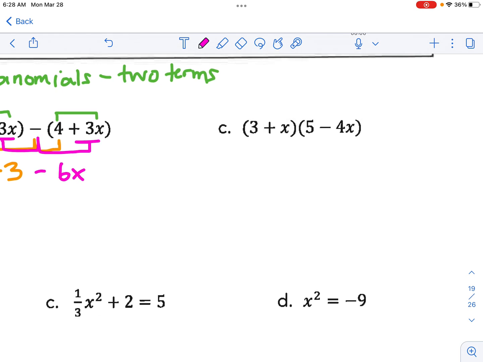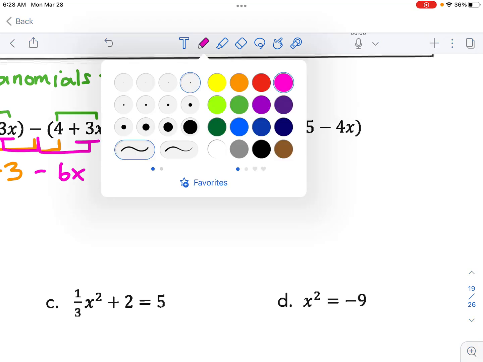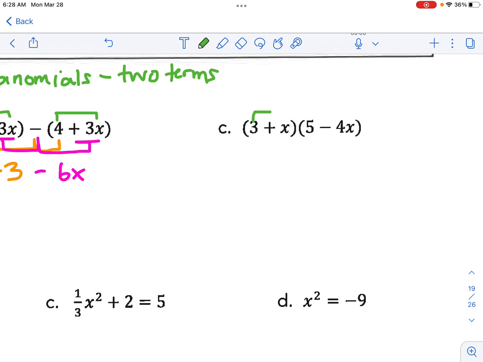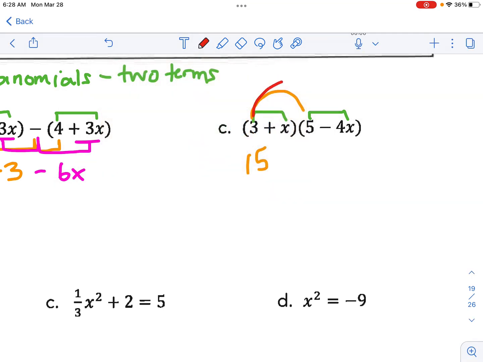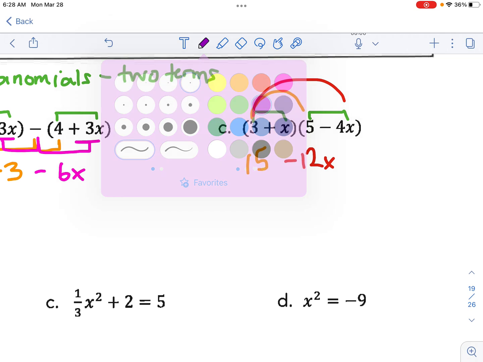And then we've also multiplied them. This is where we expand. We can consider these two factors, but again, we have two binomials, and when we multiply them together, we create that quadratic. So we can go 3 times 5, which is 15, and then 3 times negative 4, which is minus 12x. That creates the top claw.